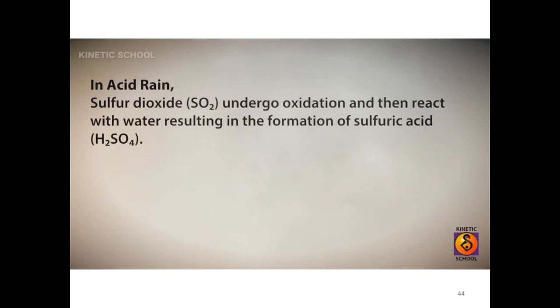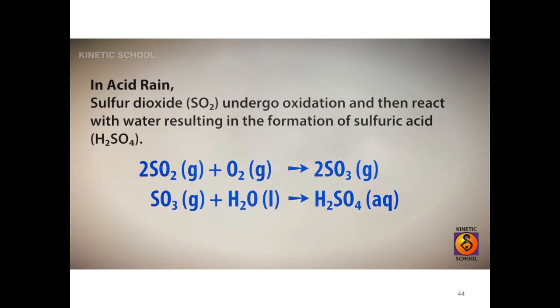Acid rain formation. In acid rain, sulfur dioxide undergoes oxidation and then reacts with water, resulting in the formation of sulfuric acid.